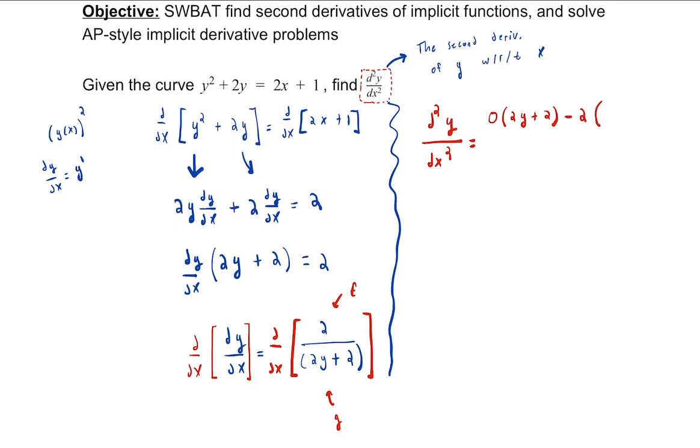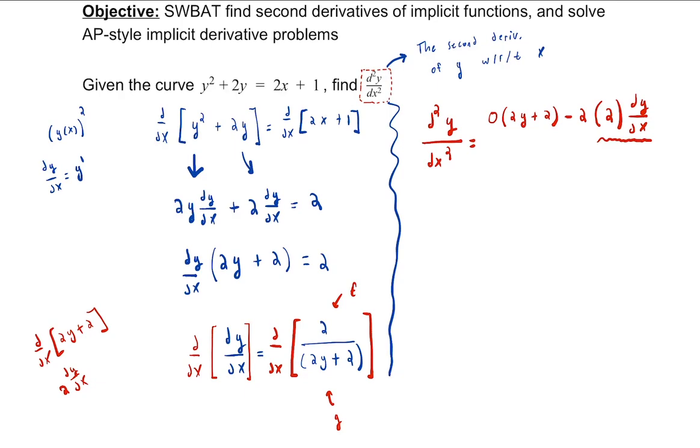Now this is the derivative again with respect to x. The derivative of 2y plus 2, if it was with respect to y, would just be 2. But don't forget here, it's 2 dy dx. So let me zoom out and make sure we see what's going on: the derivative with respect to x of 2y plus 2 is 2 dy dx plus 0.